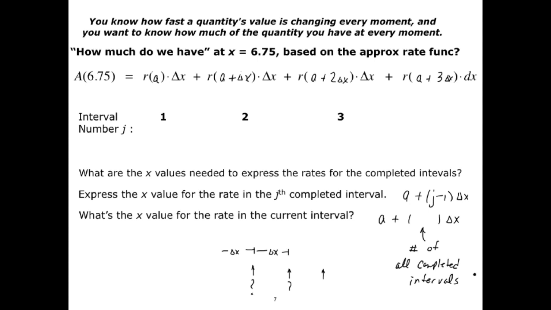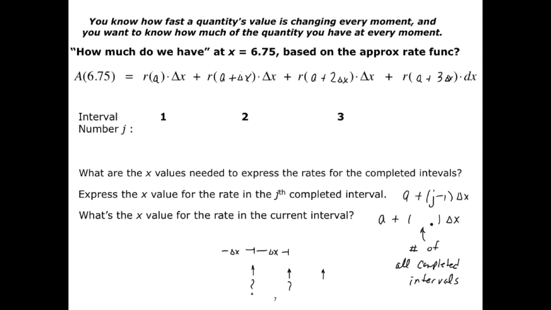All right, so that's the number of completed intervals. So no matter the sum of j, maybe? Is that it? No, it's still going to be j minus 1, if you consider the current interval to be the jth interval. But j is the number of completed intervals.